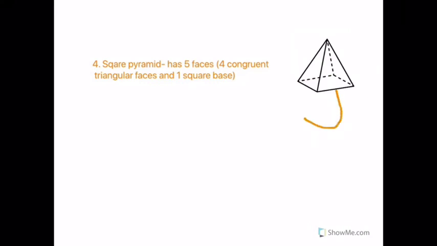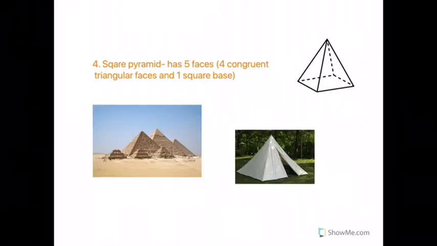You can see the bottom here is that square base. And then all of the other sides or faces are triangles. So some examples in real life: obviously the pyramids in Egypt. And then here this tent has a similar shape to the square pyramid.